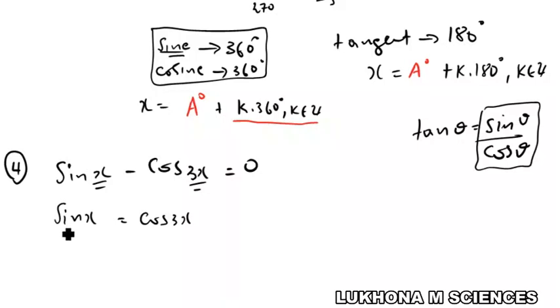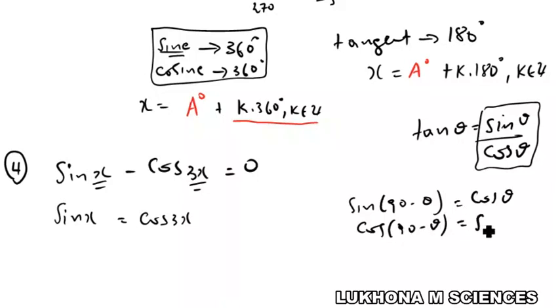For example, you can change sine so that you have cos, or you can change cos so that you have sine. There are cofunctions which say sine of 90 degrees minus theta is equal to cos theta, and cos of 90 degrees minus theta is equal to sine theta.